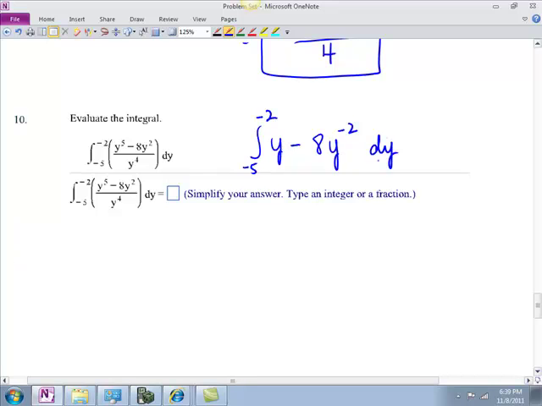All right? So you guys work on that one, and let's come up with a fraction. You got to do a little bit of arithmetic there.